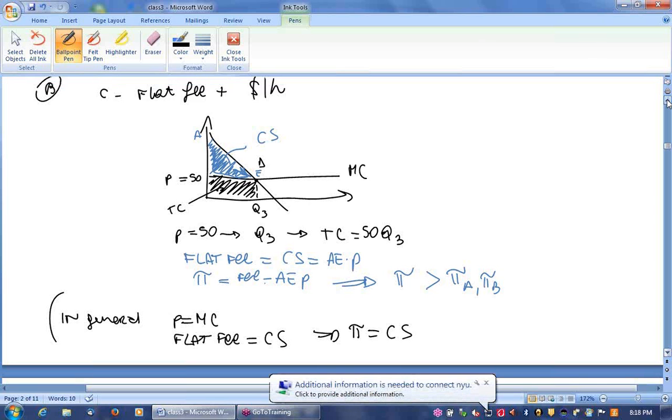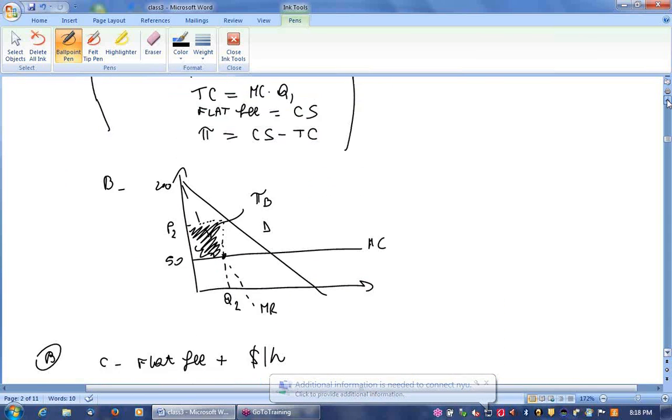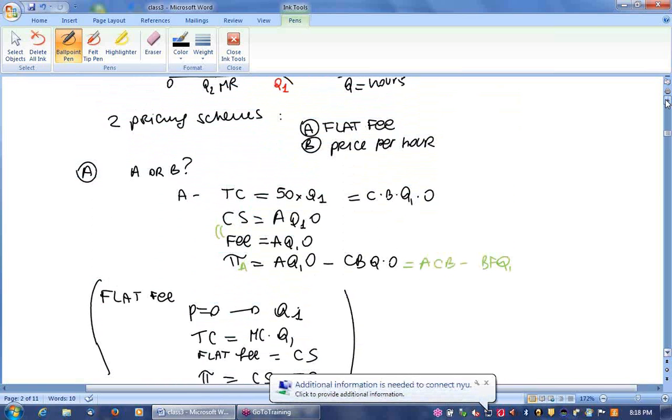Then the second highest profit is given by pricing scheme A, that is to charge only a flat fee. And the third pricing scheme, the usual monopolist only pricing per hour, gives the lowest profit for the monopolist.